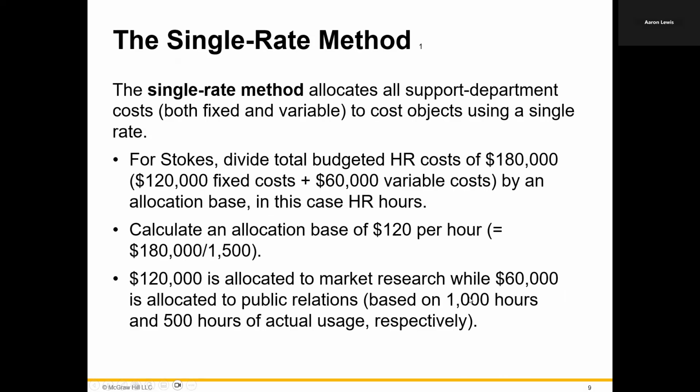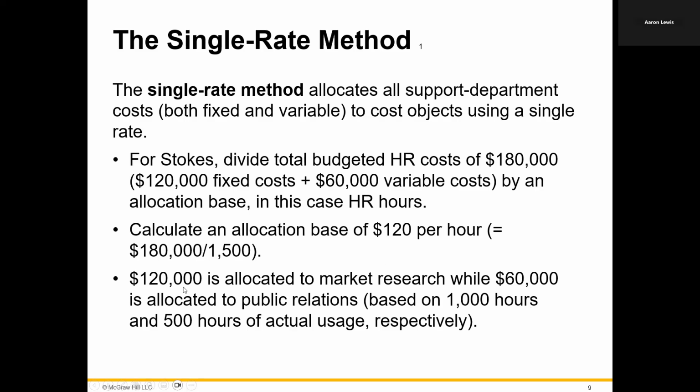If we've got 1,000 hours actually used by one department at a rate of $120 per hour, that's $120,000. If 500 hours was used by the other department at $120 per hour, that's $60,000. So how would this company spread out its $180,000 worth of costs by allocating?